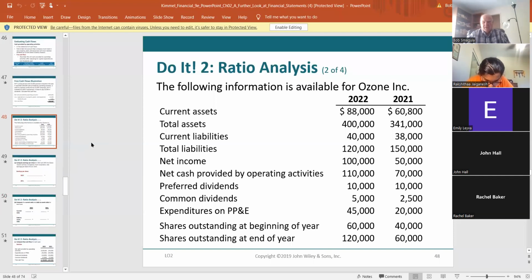Current assets divided by current liabilities. In this case, it's 88 divided by 40. So that might be $2.25. I'm just guessing. And the other one, current assets divided by current liabilities, 60 divided by 38. It's about 0.45, okay?